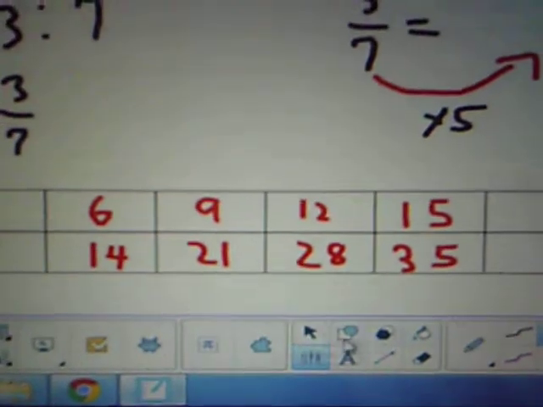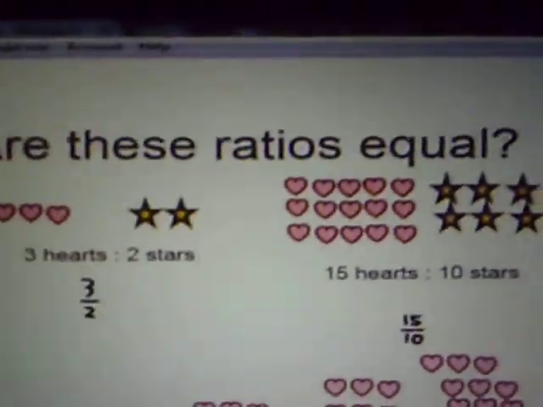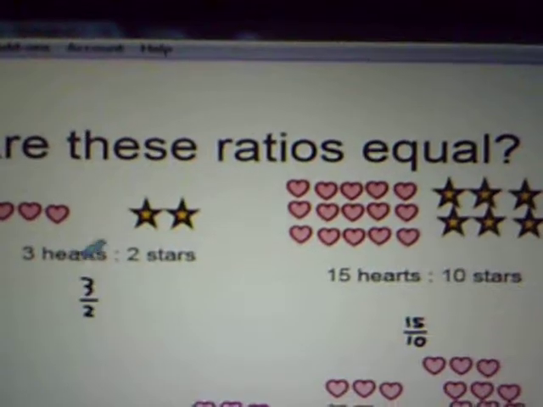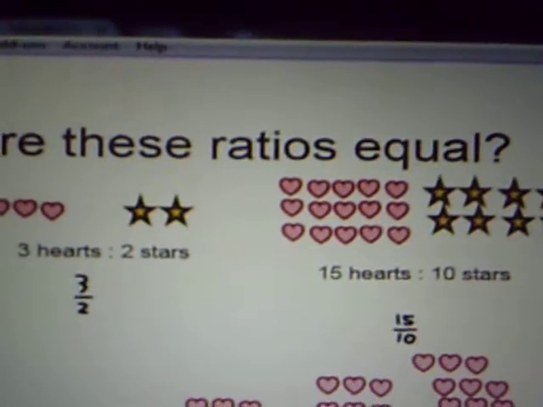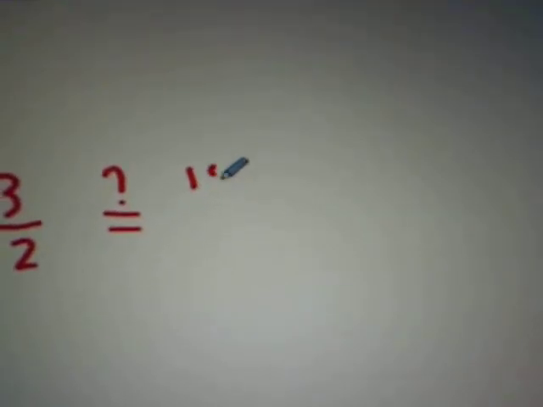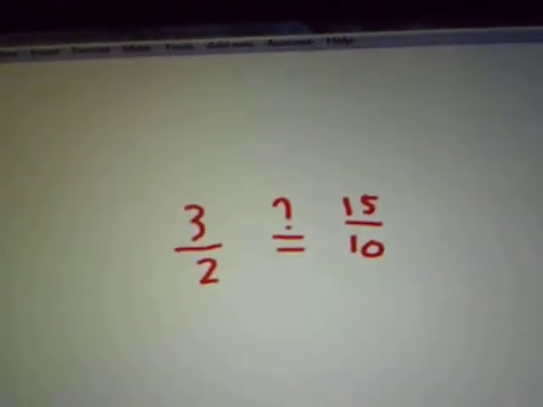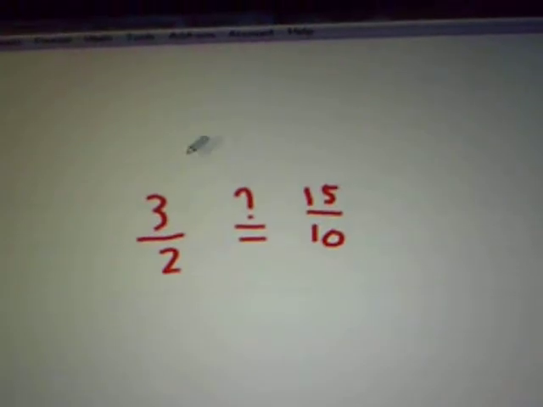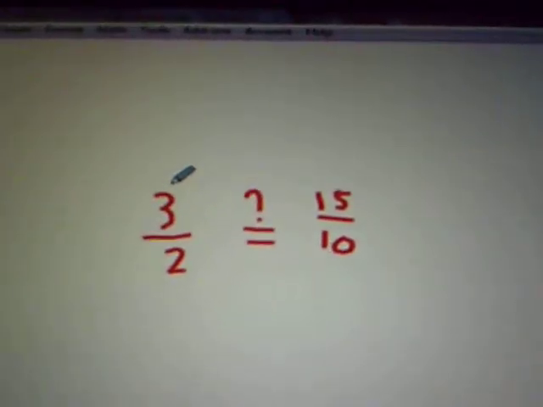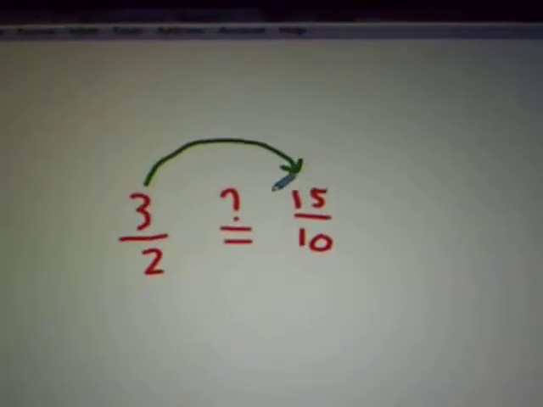So let's use this multiplying trick to look back at our very first problem. Okay? Remember, my first problem is 3 to 2 and 15 to 10. Were they equal? So, is the ratio of 3 to 2 equal to, I'm going to put a question mark there, 15 to 10? So sometimes I'm going to ask the student, are these equal? Here's one way you can test. Of course, you could make a ratio table like we just practiced, but you can shortcut by thinking. 3 times what gives you 15?